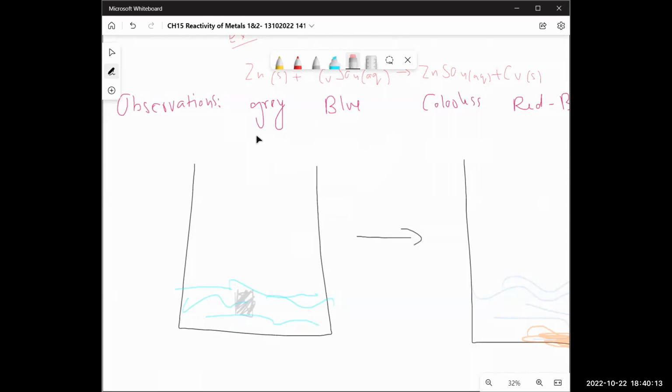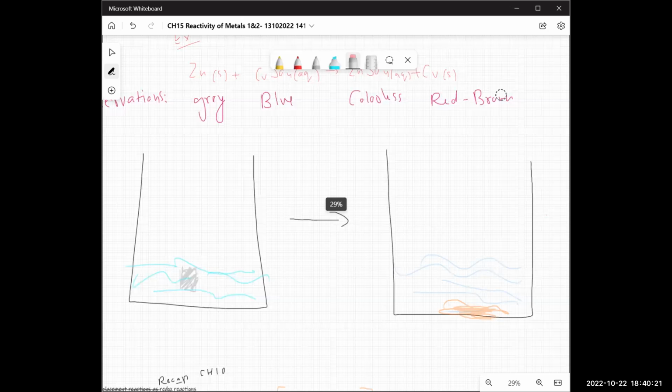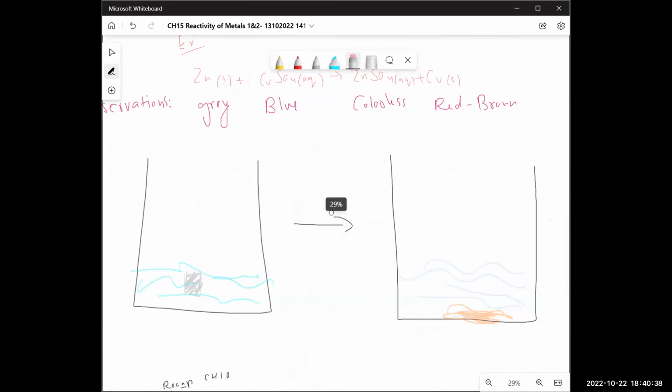So when you react these, you'll see the blue color of the solution change, and you'll see a copper solid forming, some red-brown solid in the bottom of the beaker. That is one observation, because copper is being thrown out from the solution, replaced and thrown out. So you'll see that copper forms. Okay, so that's red-brown.